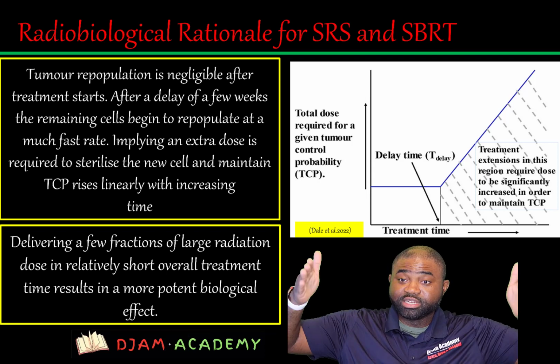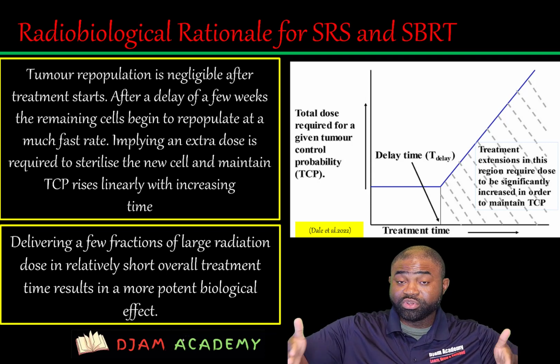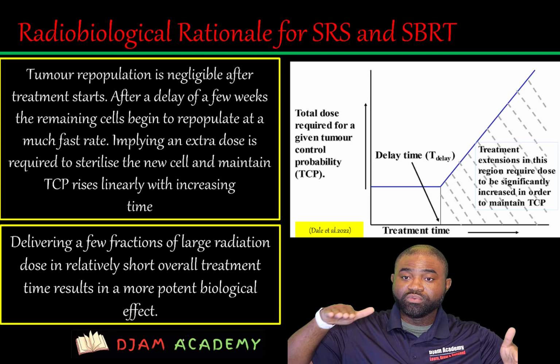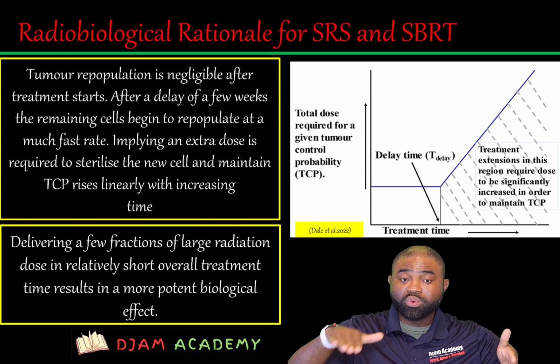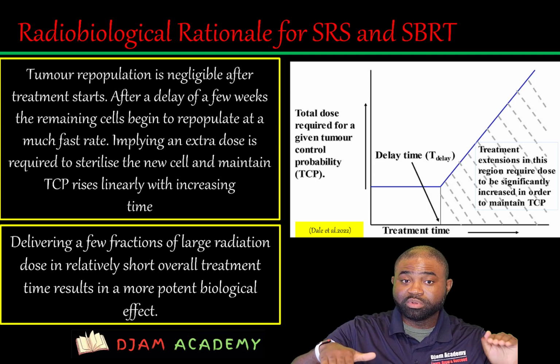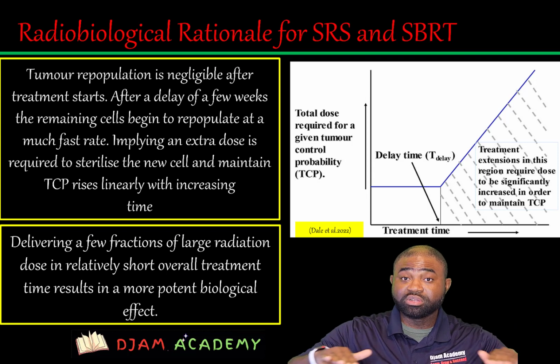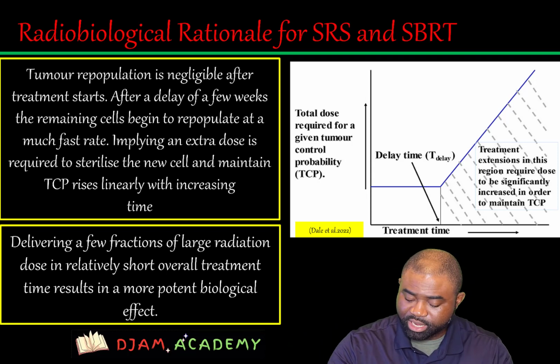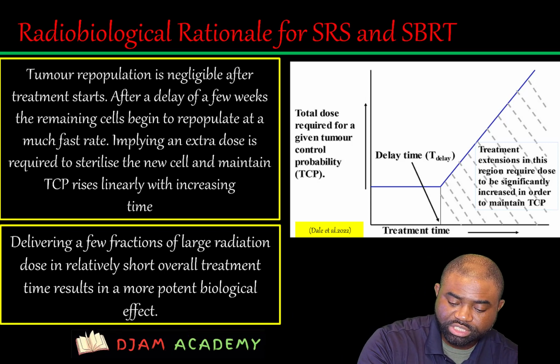What this implies is that during this period of about 2 to 3 weeks, the amount of radiation dose required to maintain a particular tumor control probability is relatively constant. We call this the delay period, as shown by this graph here.